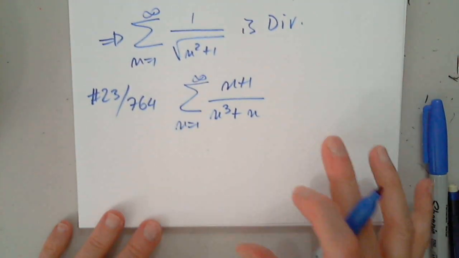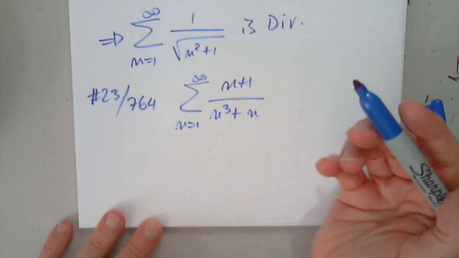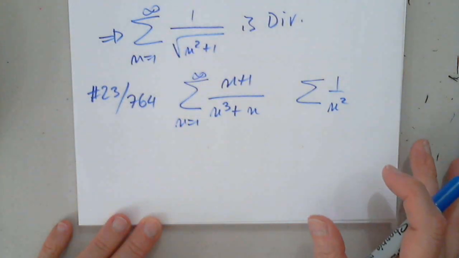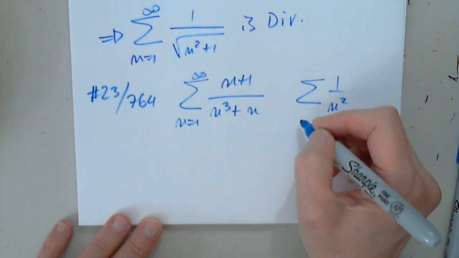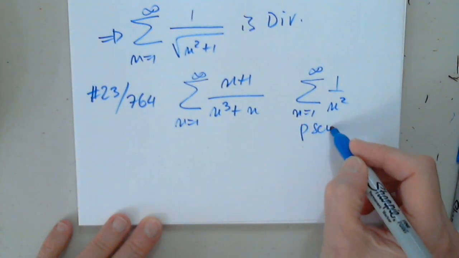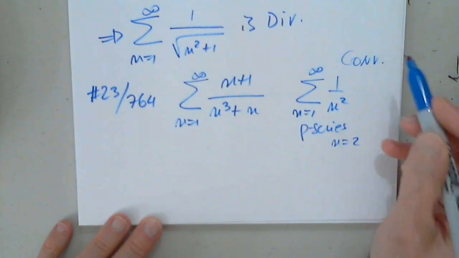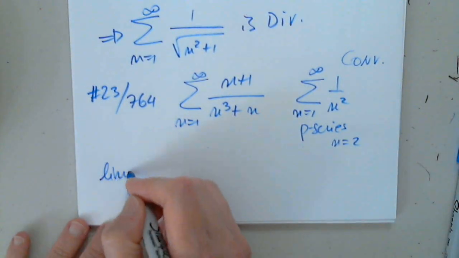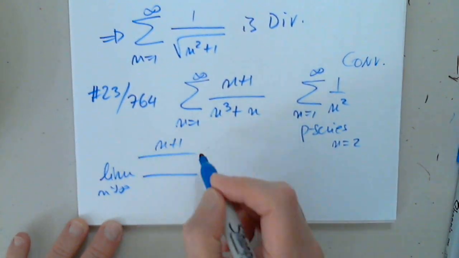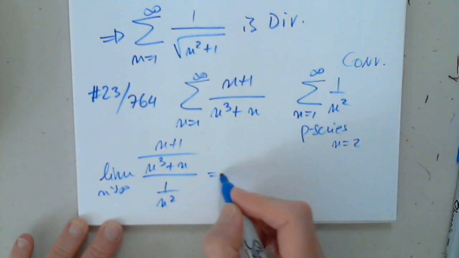So we're looking at this situation, and I see n over n cubed, which is the series that we can compare with using the limit comparison test, n equals 1 to infinity, which we know it's a p-series, with p equals 2, which we know is convergent. So let's look now at the limit as n approaches infinity. Always a sub n first, and the denominator 1 over n squared.